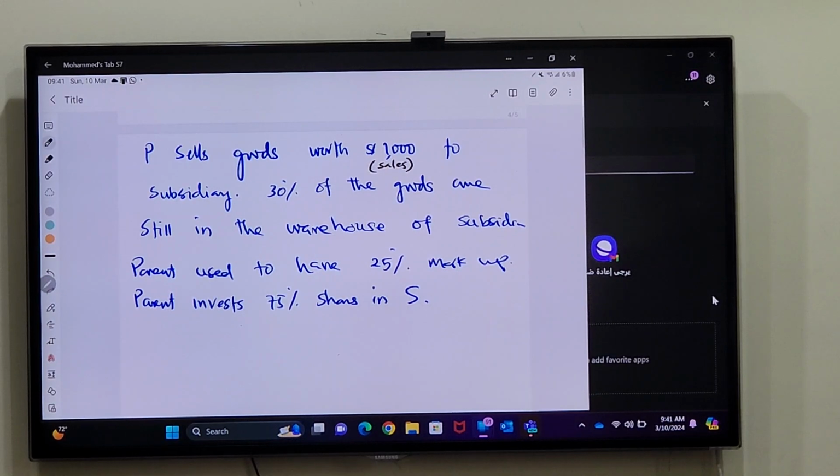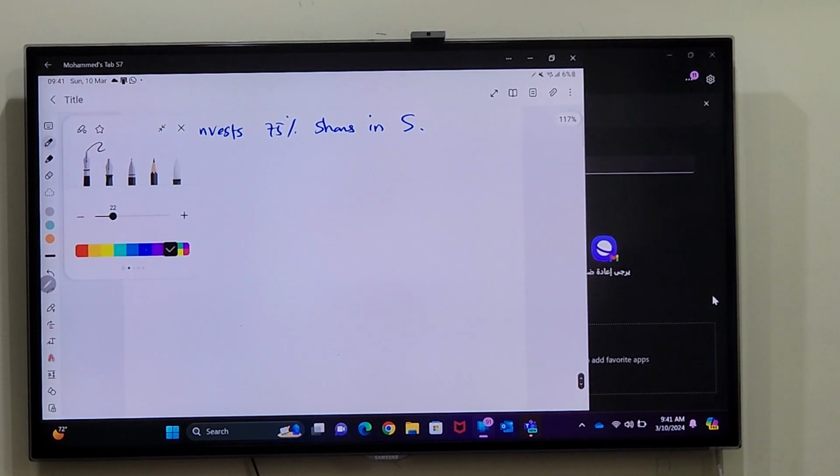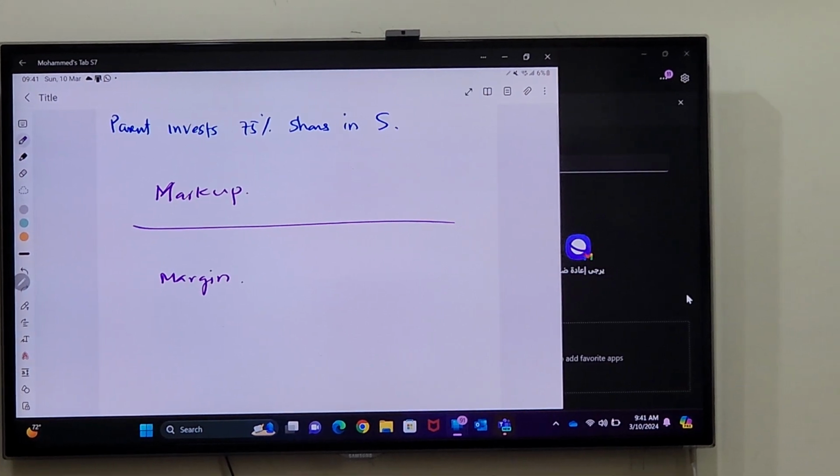Now, first of all, you all should know the difference between the word markup and the word margin. Can someone help me, what is markup?